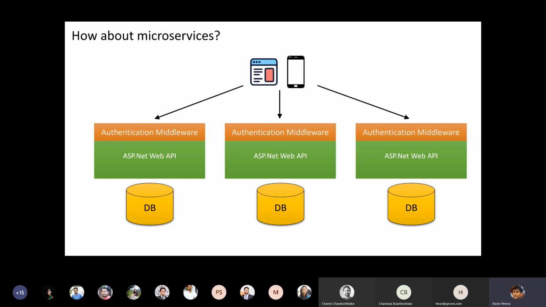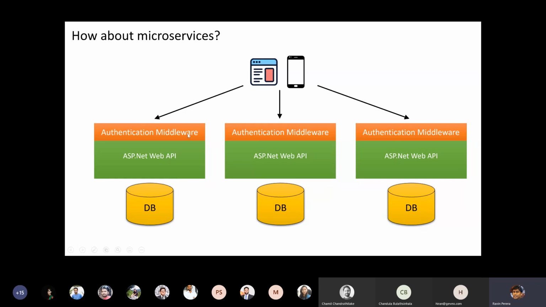If we do it this way, I'm pretty sure all of you might be able to see the issues associated with this approach. Because on one hand, the authentication middleware is duplicated, right? You have to duplicate this middleware in all of the web APIs. And where should they access the users? Do the users live in all three databases?